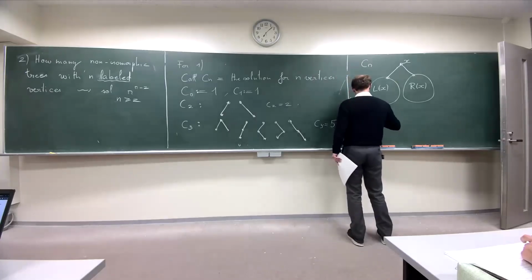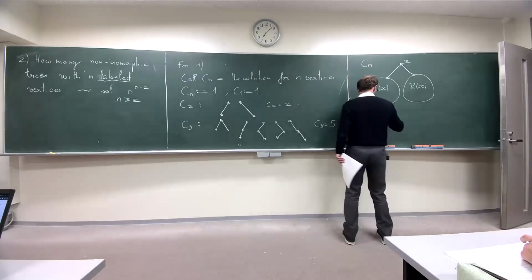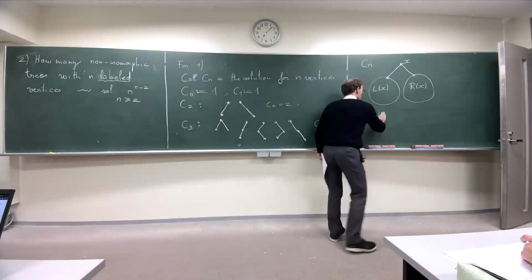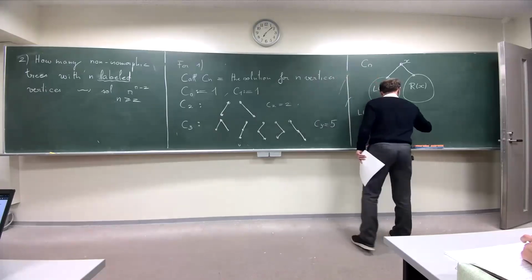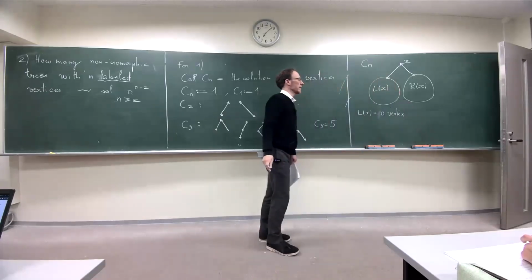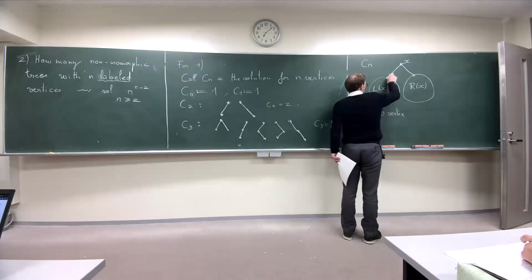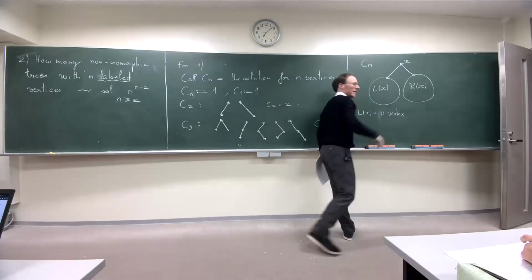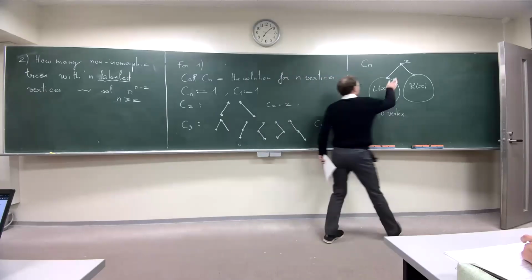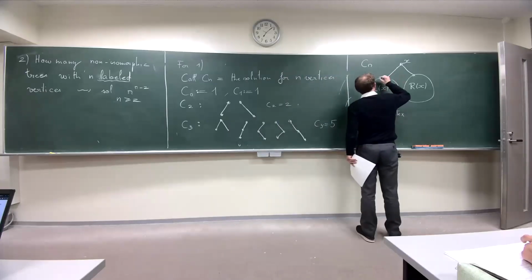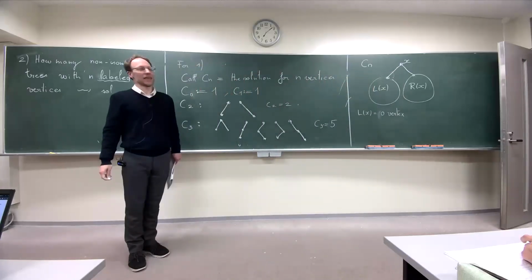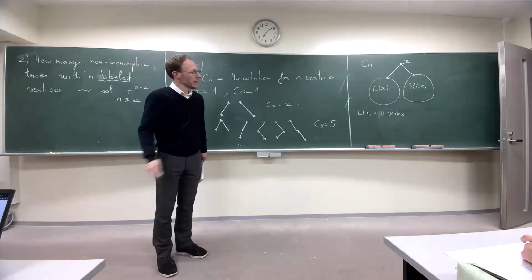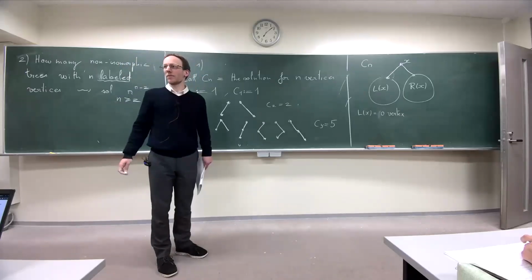L of x, suppose it is 0 vertices. With my definition, L of x should be a tree. If L of x doesn't contain anybody, then how many solutions do I have on the right?